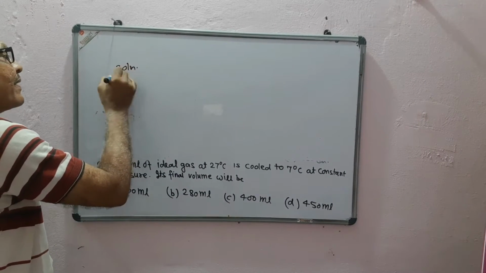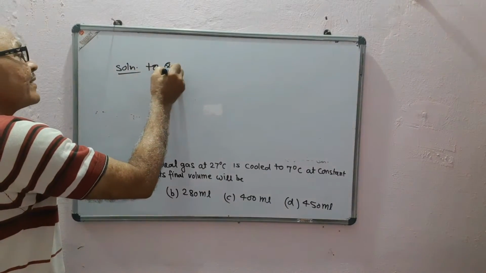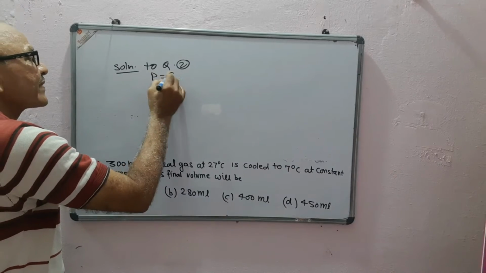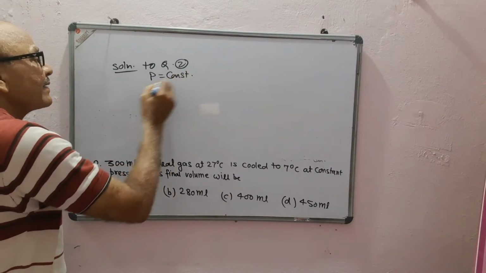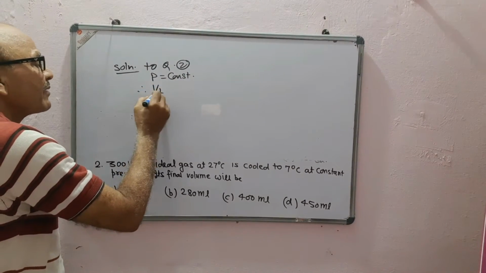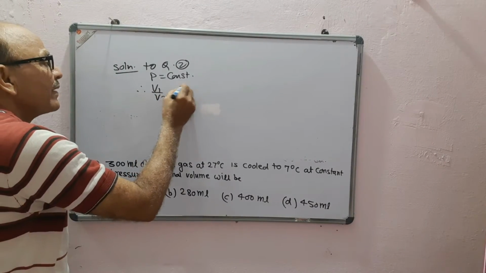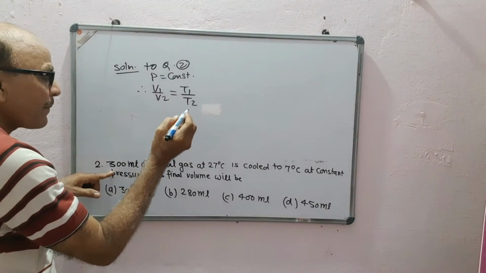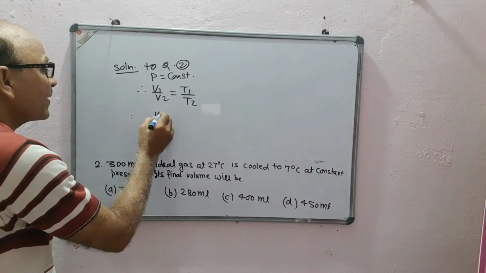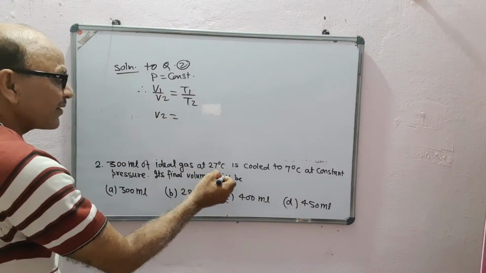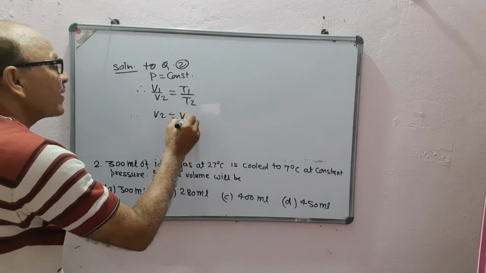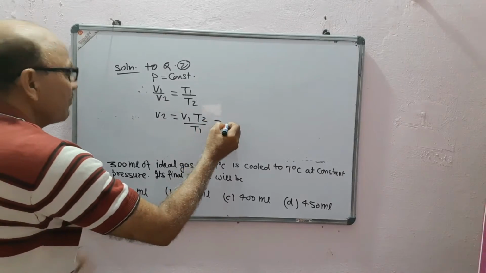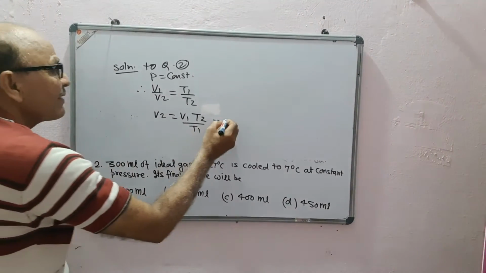Solution to question 2. P is constant, therefore V1 upon V2 will be equal to T1 upon T2. So the final volume V2 will be equal to V1 T2 upon T1. V1 is 300 ml.